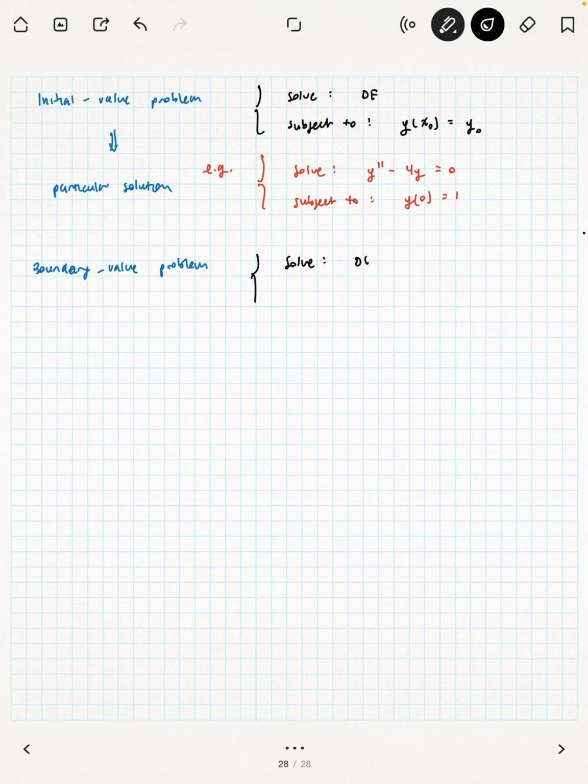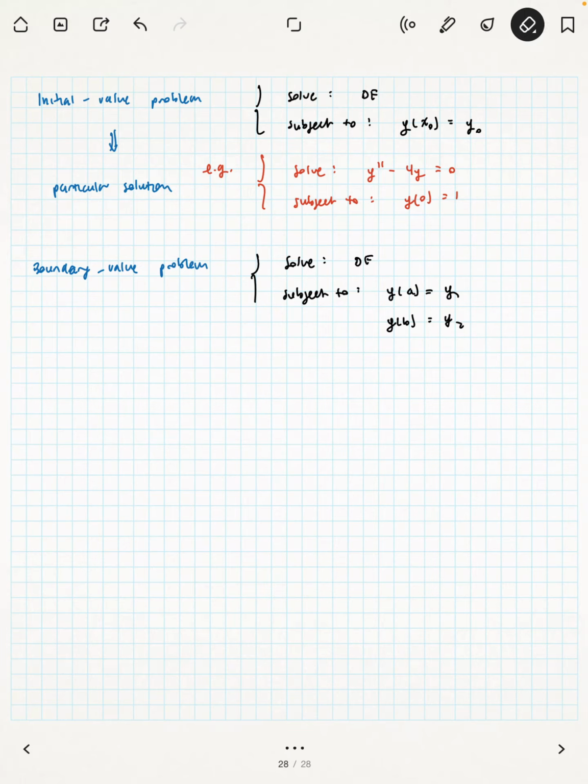So the form here is still, we're going to solve some DE, but this time what we're subject to is at least two conditions. Actually, always an even number of conditions. So y of a equals y1, and y of b equals y2.